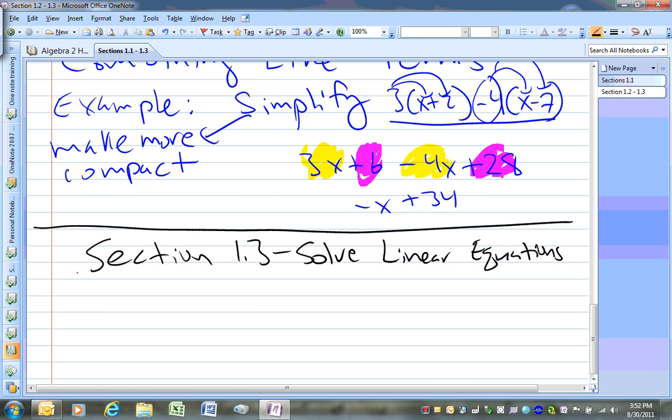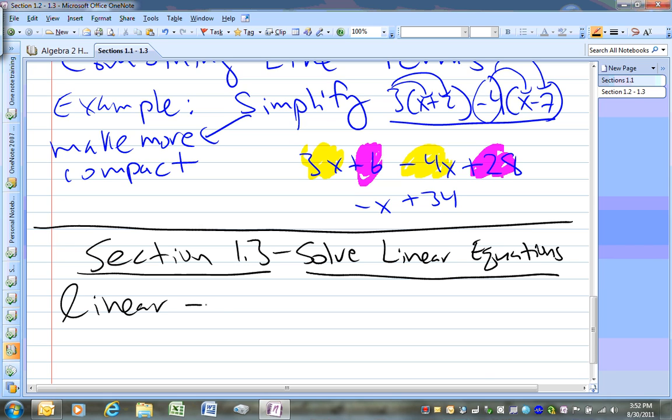Okay, this should be pretty basic, and again, review from Algebra 1. Now remember, linear is just like a line. And usually x is used.